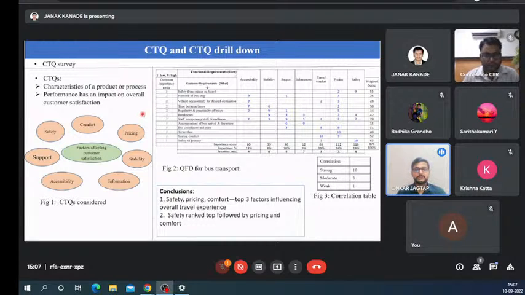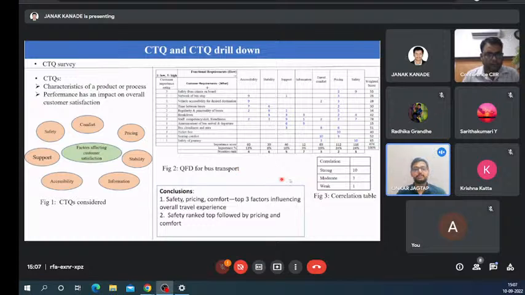As far as the transportation sector is concerned, based on the literature review, these are the seven quality factors given in figure number one: comfort, pricing, stability, information, accessibility, support, and safety. Based on these, the quality of service is decided.